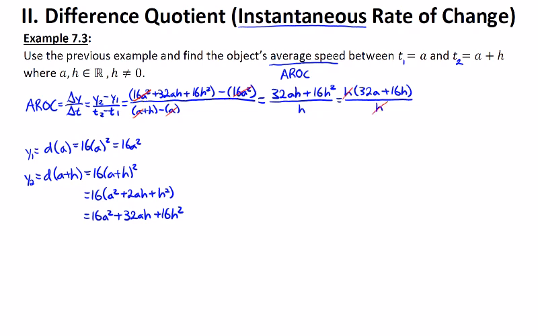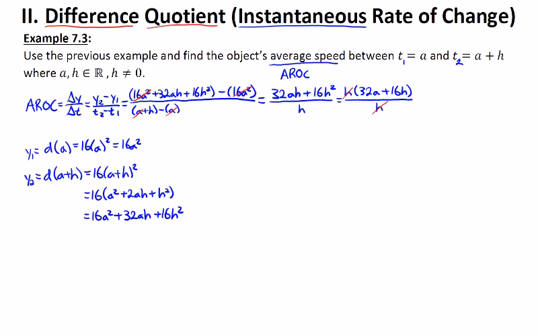So that's interesting here. We have a cancellation that occurs because of the difference, and now we have a cancellation that happens because of the quotient. Hence where we're going with this part of the section called the difference quotient.